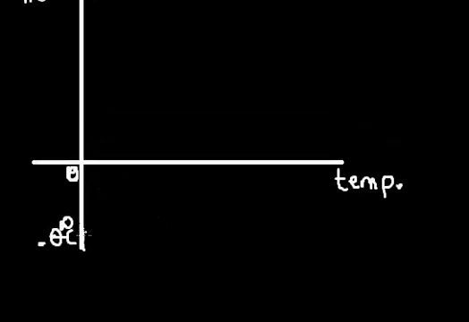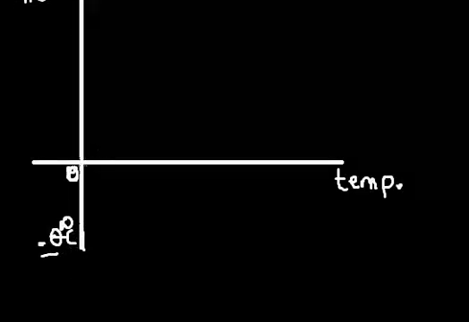Ice starts melting at 0 degrees Celsius. It is not going to melt at this negative temperature, it only melts at 0 degrees Celsius. So the first thing that will happen is that the temperature of the ice will rise, up to the point where it gets to 0 degrees Celsius.